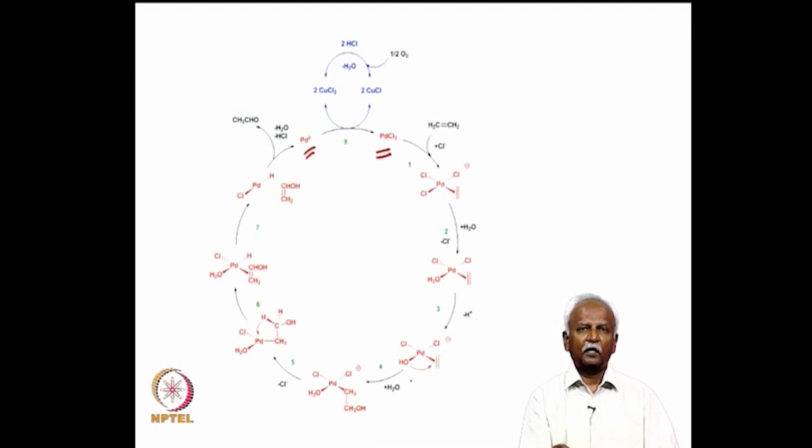That gives you a hydroxyethyl group, which is the key molecule in this whole catalytic cycle, which can undergo a hydrogen abstraction or a hydrogen migration back and forth in order to give you the final product.